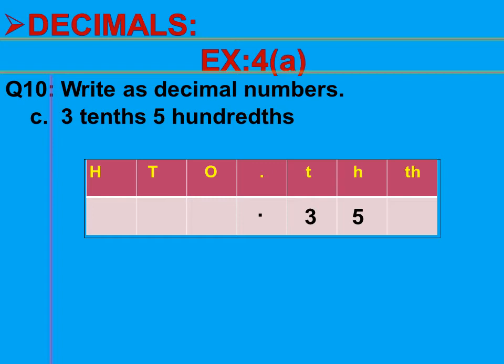Dear students, you can see that we have no digit in the column of ones. So we will simply put 0 in this column. Okay, and at the end we will get our number in decimal as 0.35, which is our required decimal number.